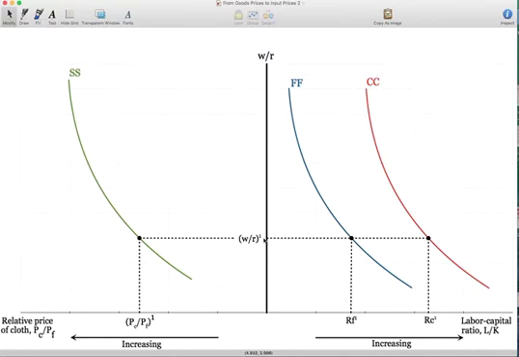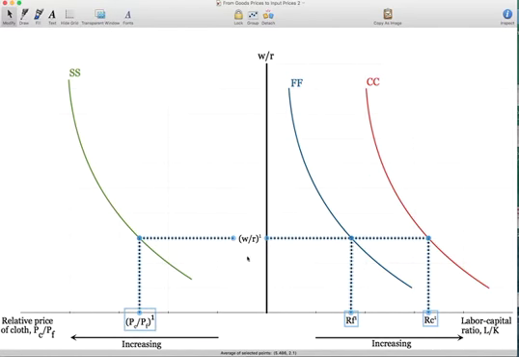And if we continue over for that wage rate slash rental cost of capital ratio, we see that we have the relative labor capital ratios for food and for cloth. So this is just our initial starting point, that for a given ratio of the wage rate to the rental cost of capital, we have a given price ratio here.